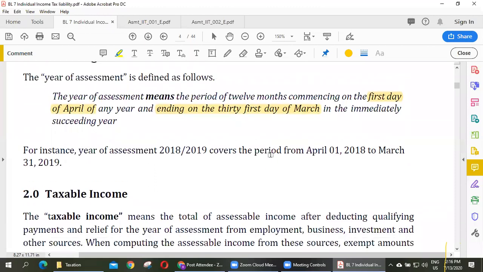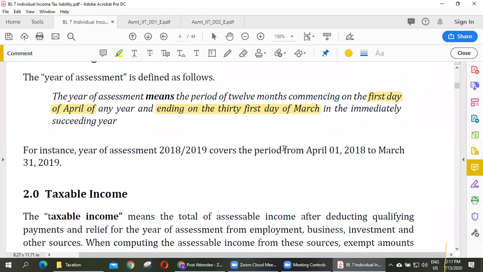The year of assessment starts on 1st of April. For example, if it starts on 1st of April 2020, what is the ending date of that year of assessment? Please respond. 31st March 2021.